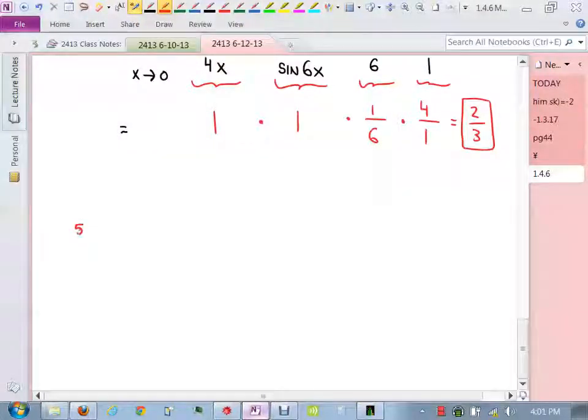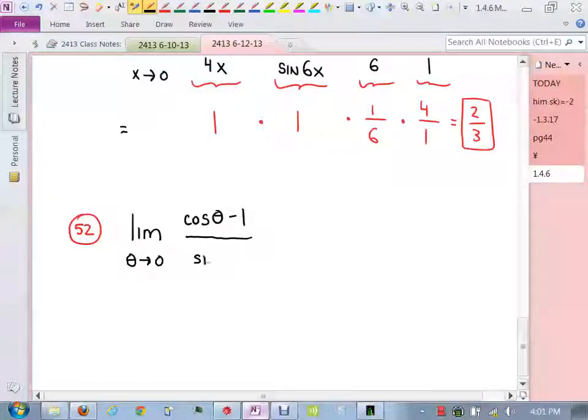This will be number 52. But that was good to see that, though. Limit as theta goes to 0 of cosine theta minus 1 over sine theta.